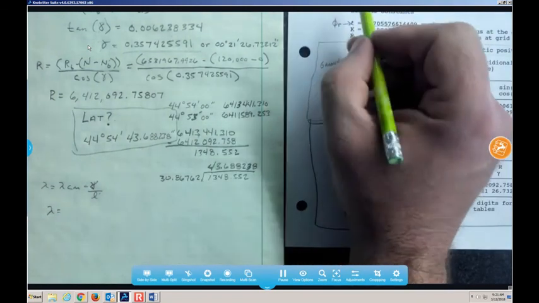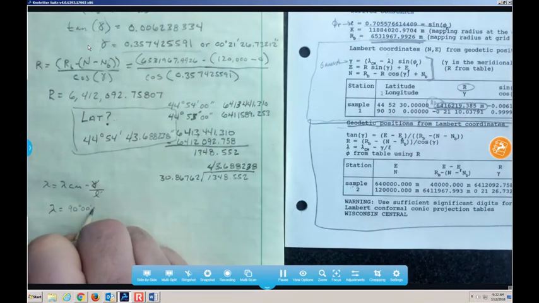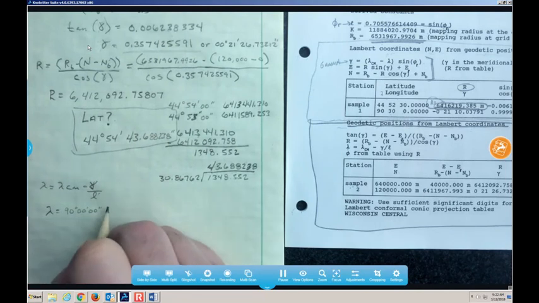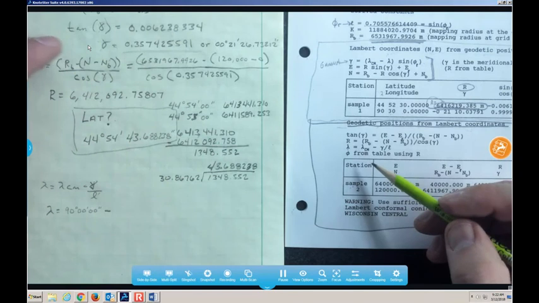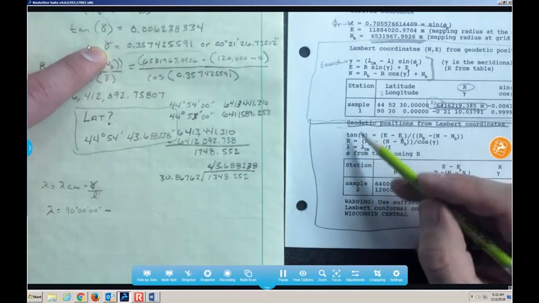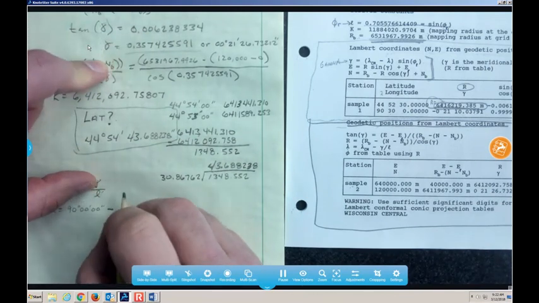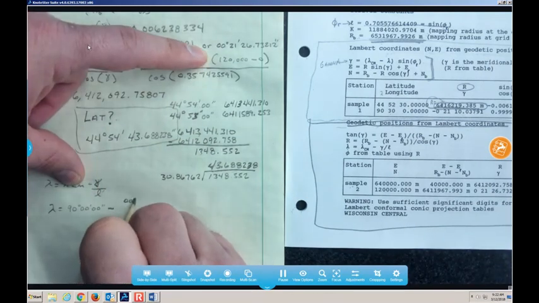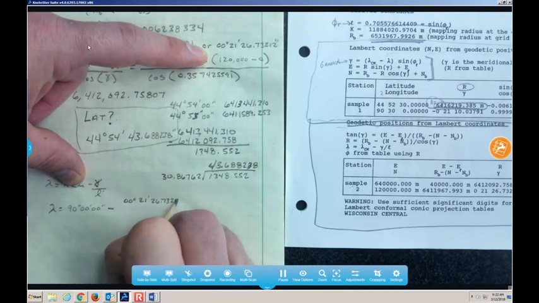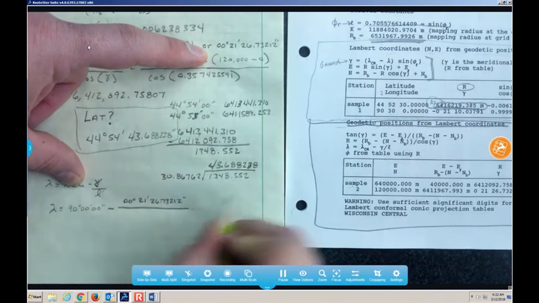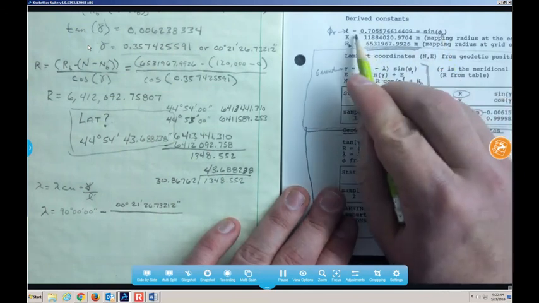Lambda cm is 90 degrees, 00 minutes, 00 seconds, minus our gamma that we figured out, 00 degrees, 21 minutes, 26.73212 seconds, divided by the sine of phi sub r.